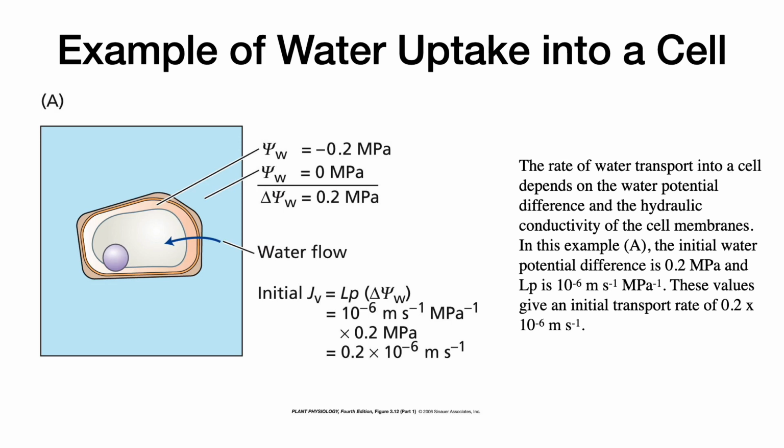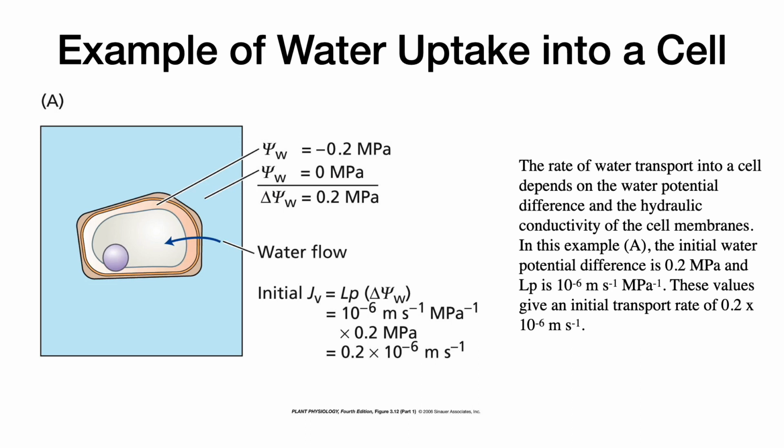And I'm going to give you an arbitrary hydraulic conductivity measurement, which is 10 to the minus 6 meters per second per megapascal. If we use the equation that we saw in the example before, the flux is equal to L_P times the water potential gradient.